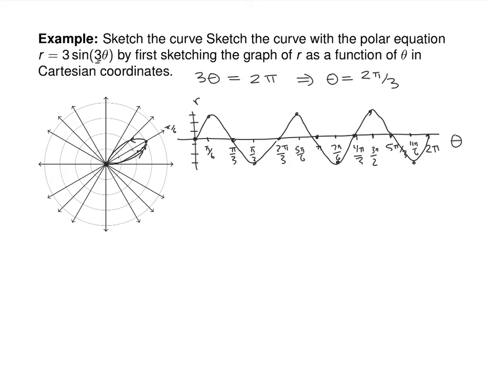Now, so we did this part. Next, we're going to do this part between pi thirds and 2 pi thirds. The easiest point to do is pi halves. When you have an angle of pi halves, your radius is -3. So that point is going to be here.